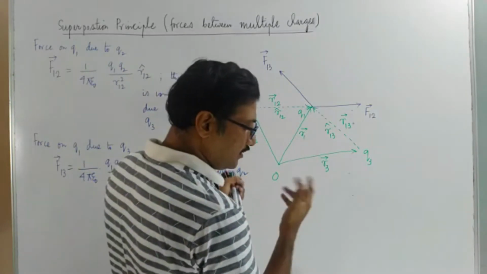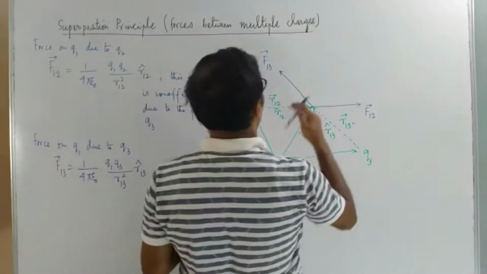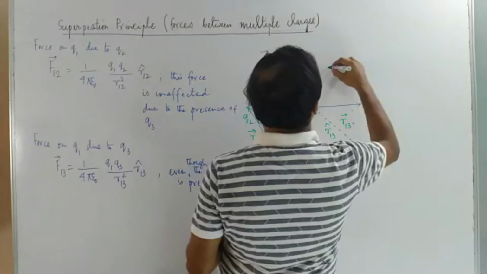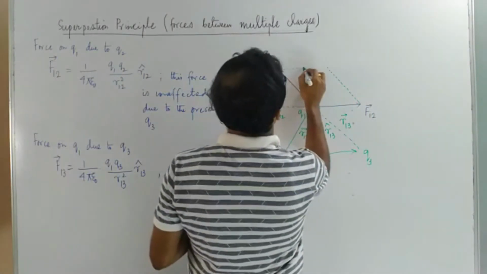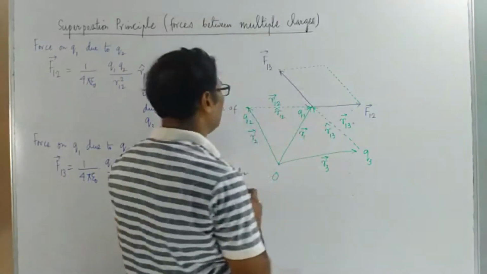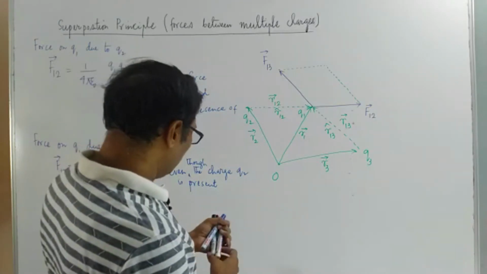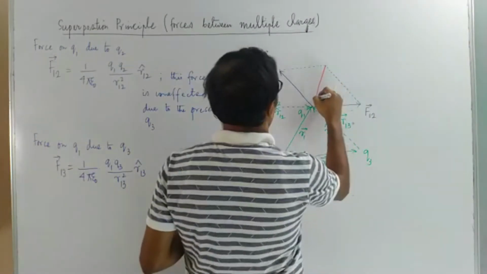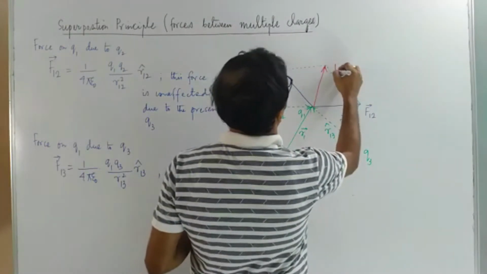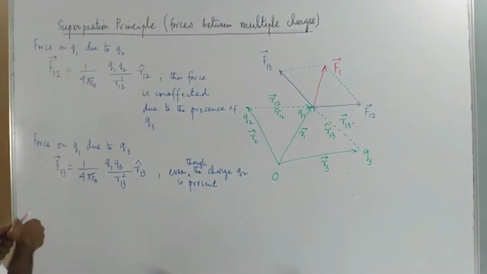We can apply the law of parallelogram to find the resultant force of F13 and F12, and this resultant force is now represented by F1.